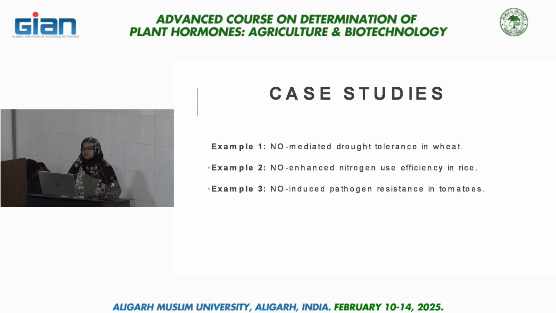This contributes to sustainable agriculture, because it decreases the dependency on chemical fertilizer, as it directly involves nitrogen use efficiency in the plants. So it leads to sustainable agriculture.